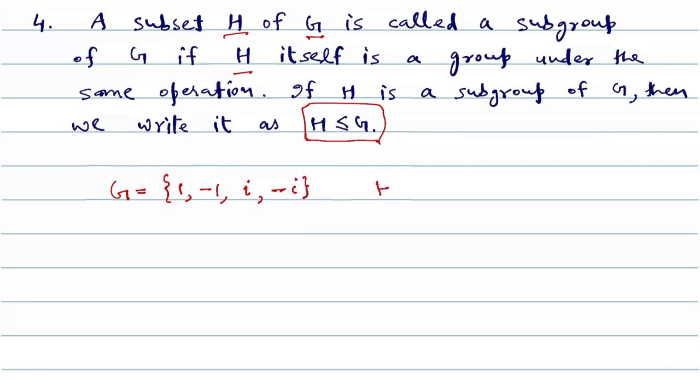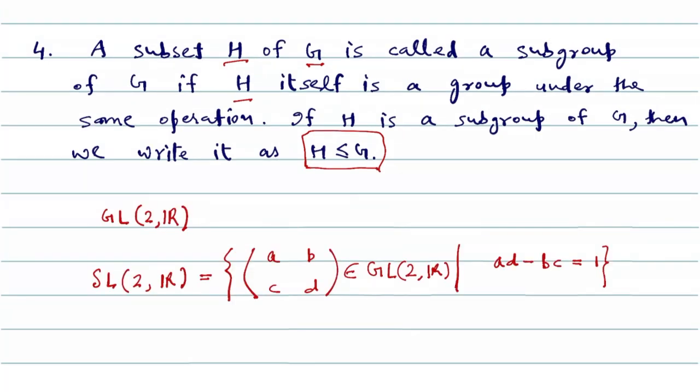If we take this subset H equal to 1 and minus 1, then H is a subgroup of G. Because H again is a group under the same operation, that is ordinary multiplication of numbers. 1 is the identity in H and minus 1 is self-invertible. So H is a group under the same operations and H is a subset of G, so H is a subgroup of G.